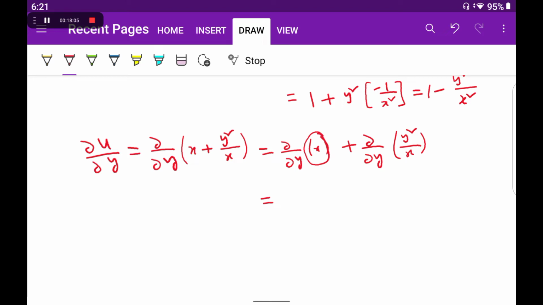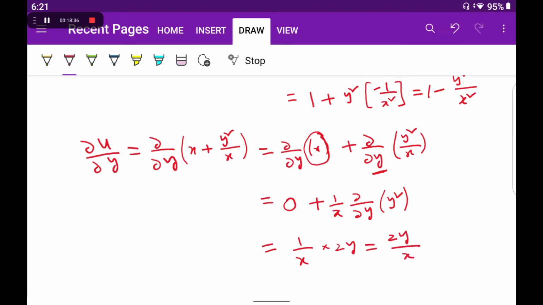Completely the term is independent of y. The derivative is 0. Plus, we are differentiating with respect to y, so you can take any term or factor related to x out. So this becomes dou by dou y of y square. So 1 by x into the derivative of y square with respect to y, which is 2y. So 2y by x.